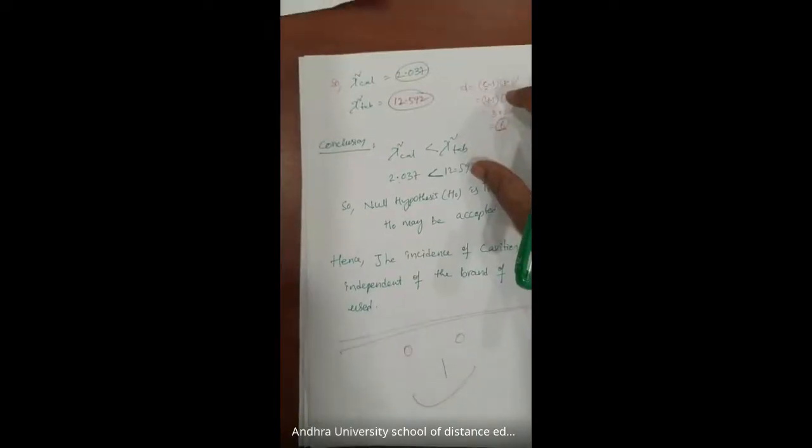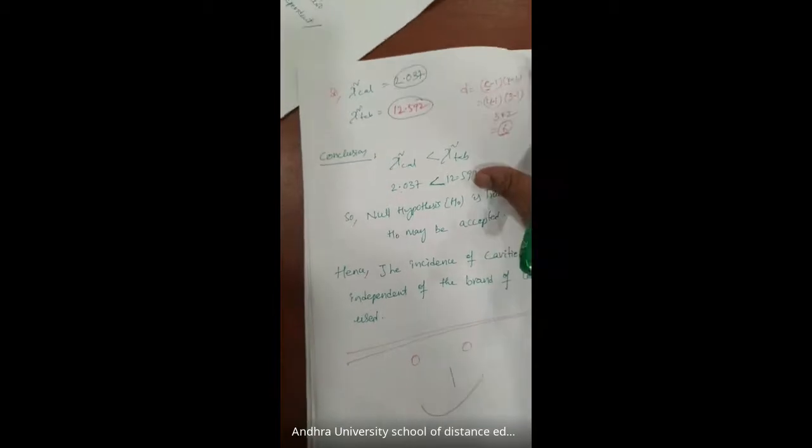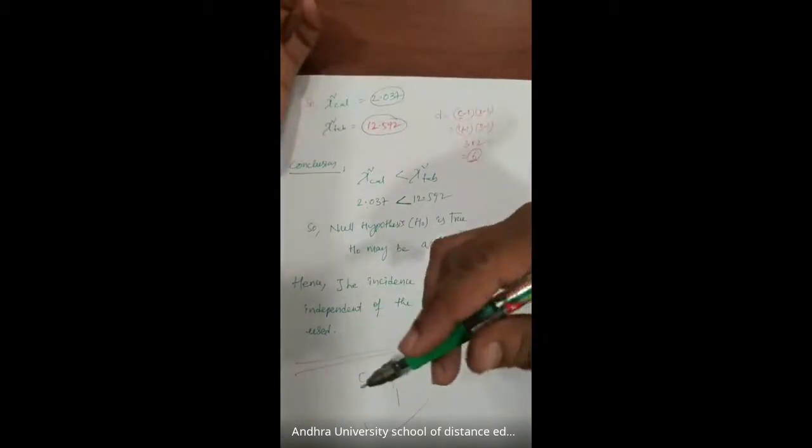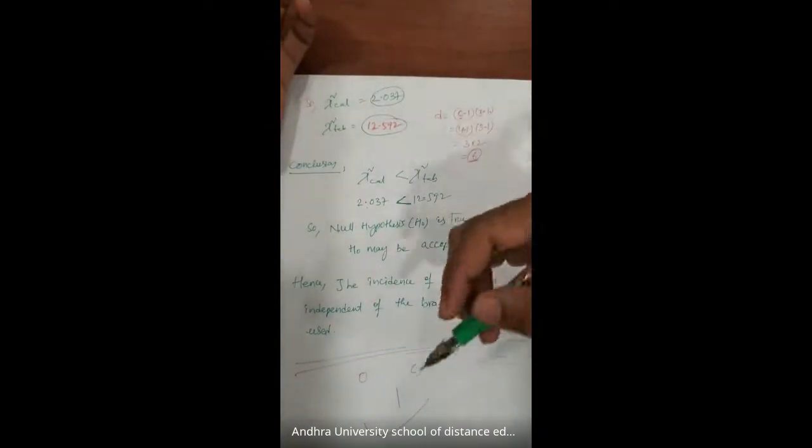Okay, sir. So there ends very important question chi-square. So I have covered almost all important questions for the exam. So I will upload a few more questions. Did you remember? I hope 10 days back I have sent you some important questions. Yes, sir.